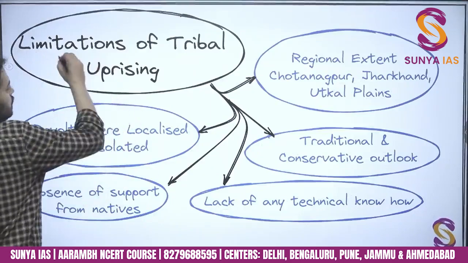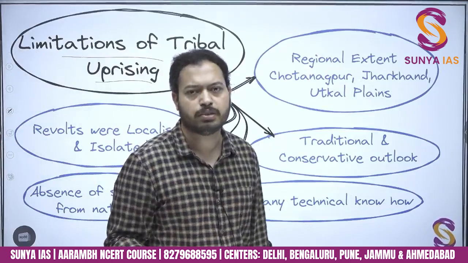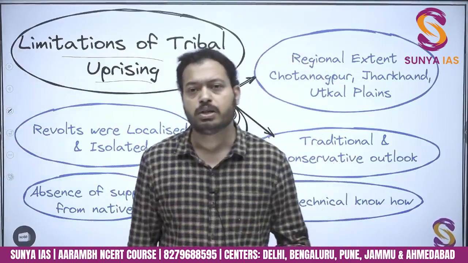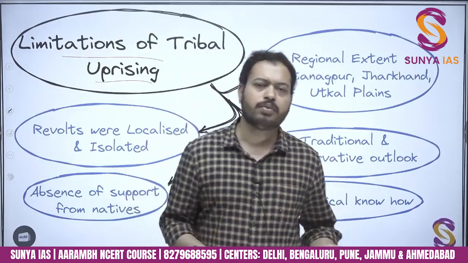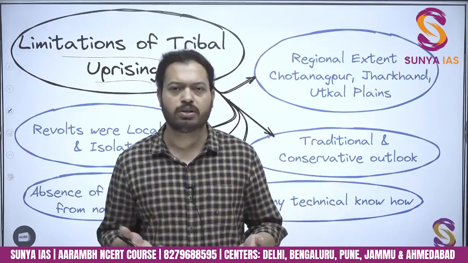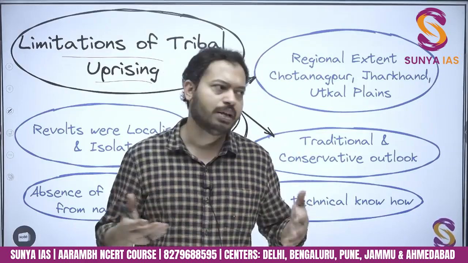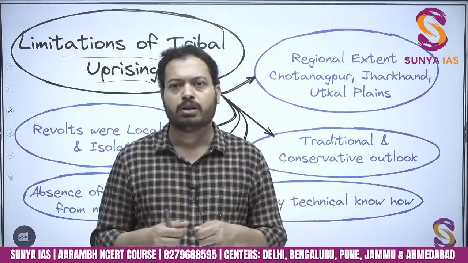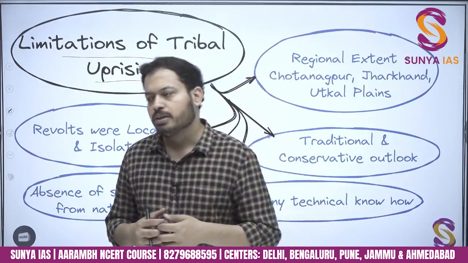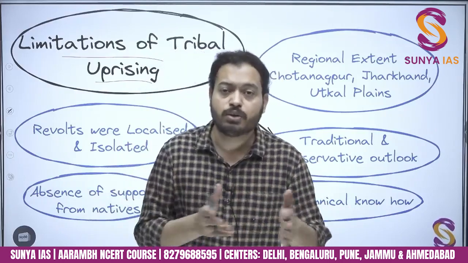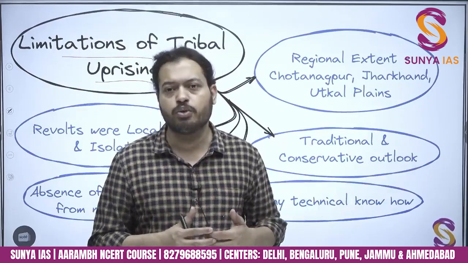Now, limitations of a tribal uprising. There are certain limitations. Obviously, there are certain limitations. What are these limitations? Okay. Now, the tribal people, okay, living in the forest, they were good hunters, and because they were good hunters, they were good in hand-to-hand combat, and they also had their small arrowheads and all that. So whatever equipment they had, they were able to use, but they had nothing in competition to the technological advancement which the Europeans had.